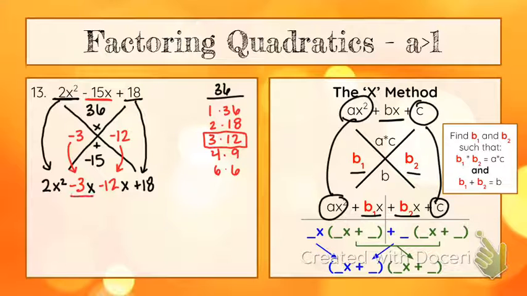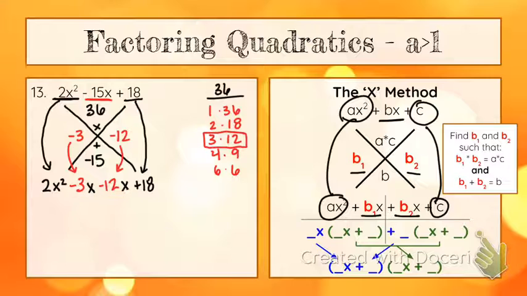Now we have negative 3x minus 12x. And we're trying to unsimplify this. So we don't want to combine like terms, but if we did, this would take us back to negative 15x. So we're just using this x to split that b term into two different values.